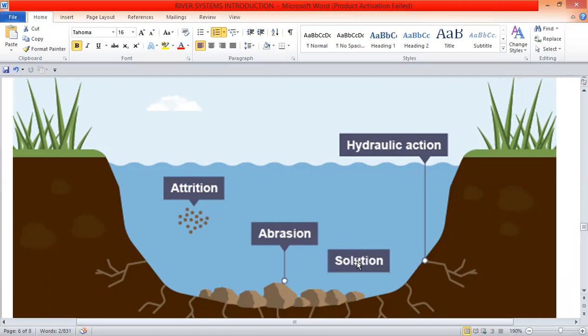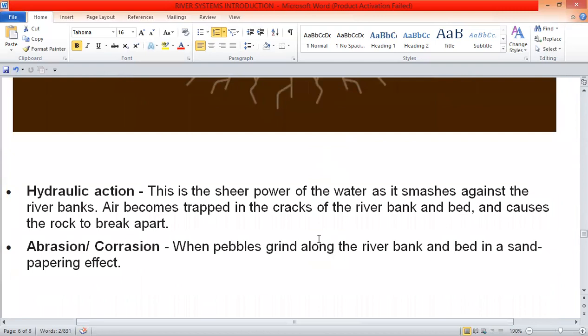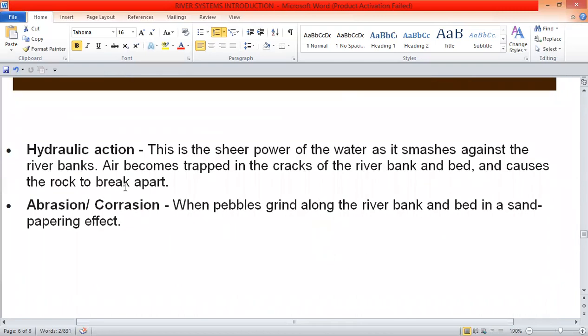The load has been converted into a solution. What is hydraulic action?